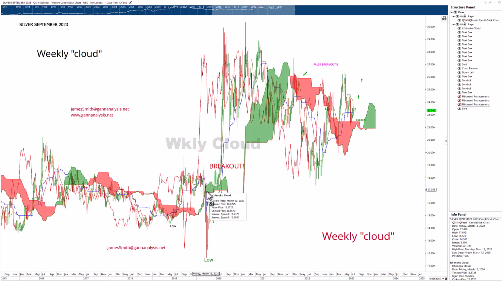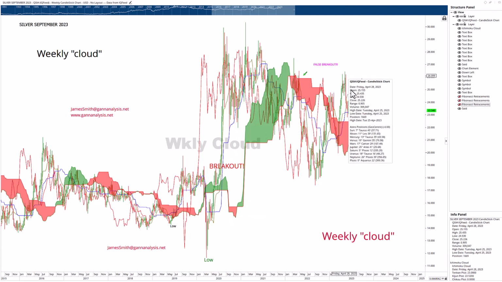So, you can use the cloud as a stop loss. If you get above it, you don't really want to see it get back below the cloud. If it does, you should be out of the trade because you can have this huge sell-off. If it gets above it and finds support on it, sometimes that sets up a big move up. I'm calling this to your attention now because we've had the breakout above the cloud.